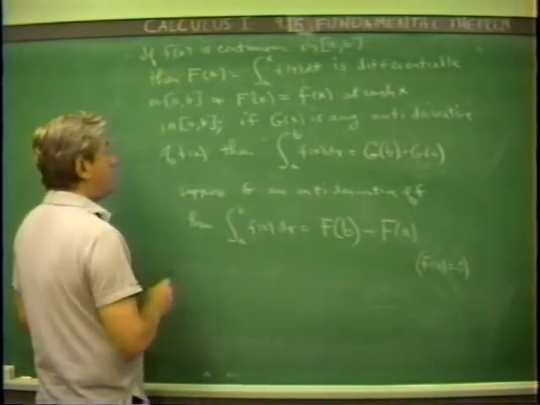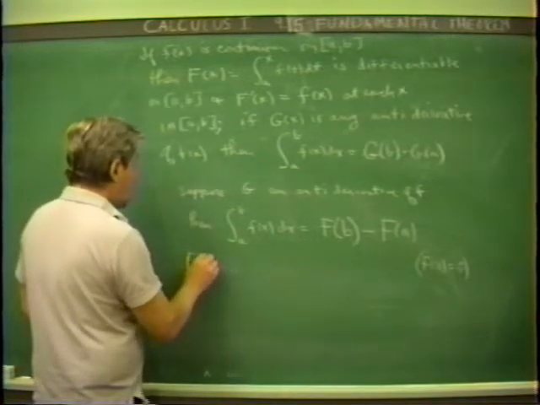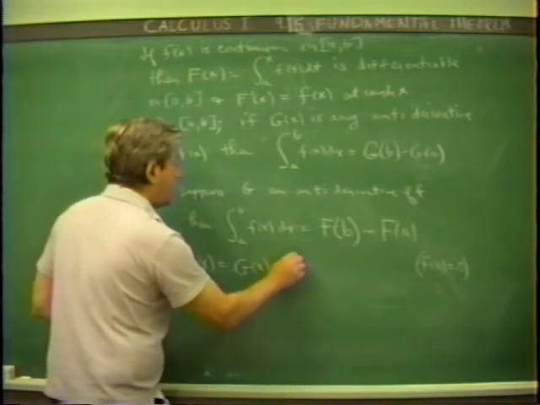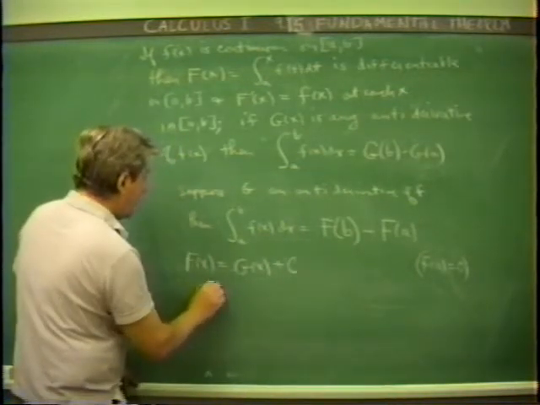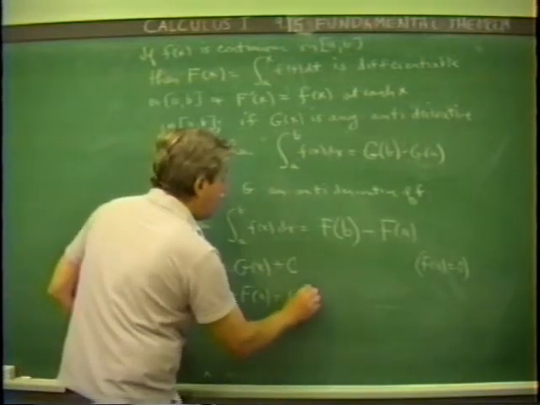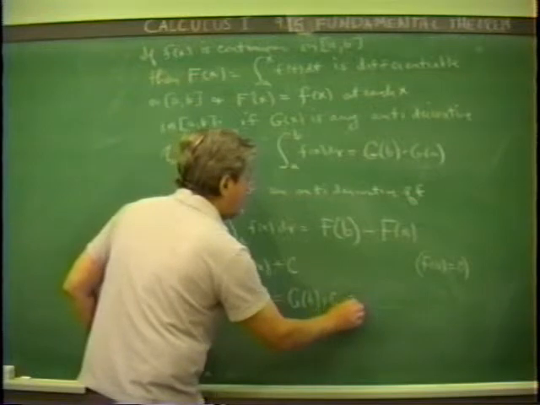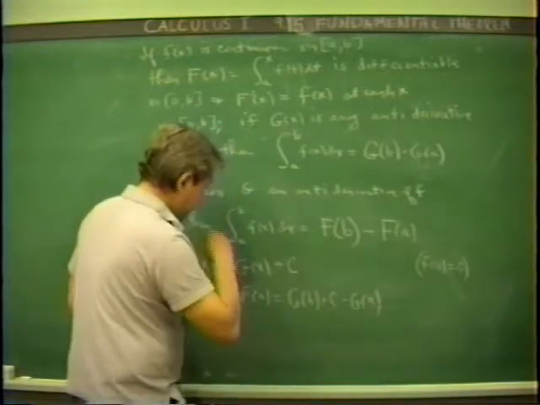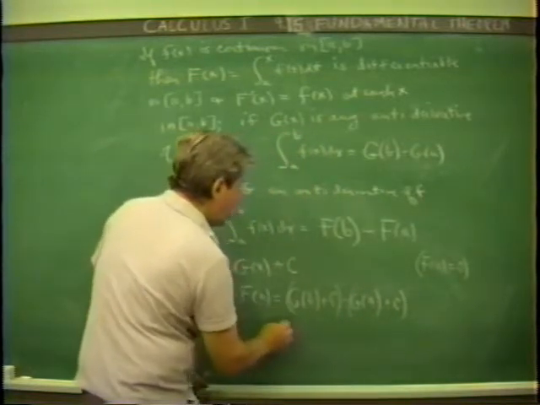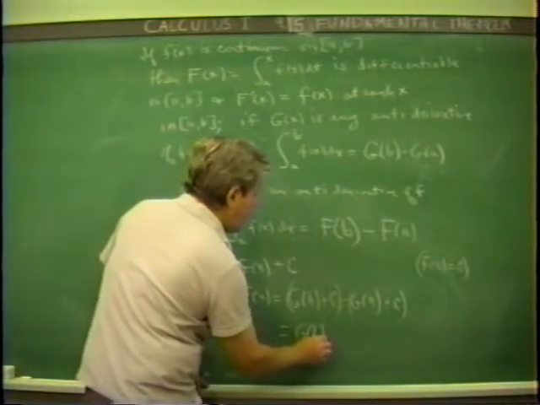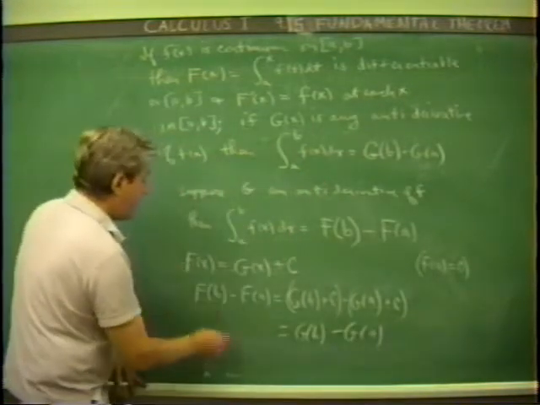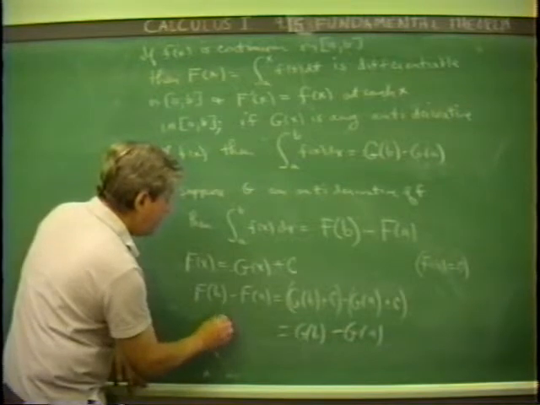The integral from a to a is 0. G is an antiderivative of f, and F is also an antiderivative of f. That's to say, the derivative of capital F is little f. So that F of x and g of x differ by a constant. F of x is g of x plus c. So that consequently, F of b minus F of a is equal to g of b plus c minus g of a plus c, which is equal to g of b minus g of a.